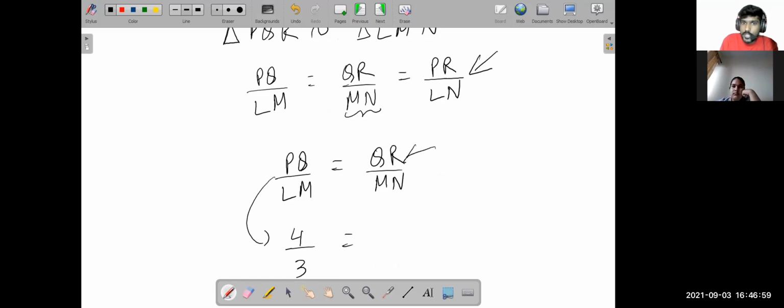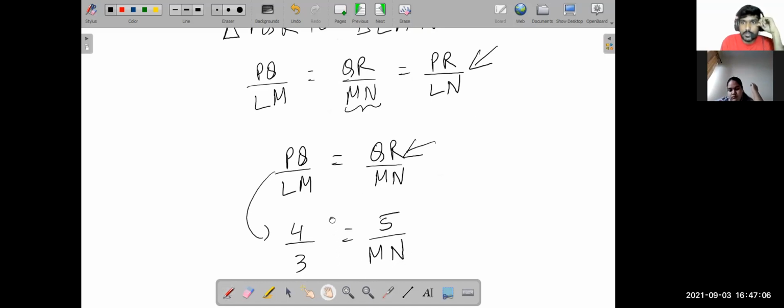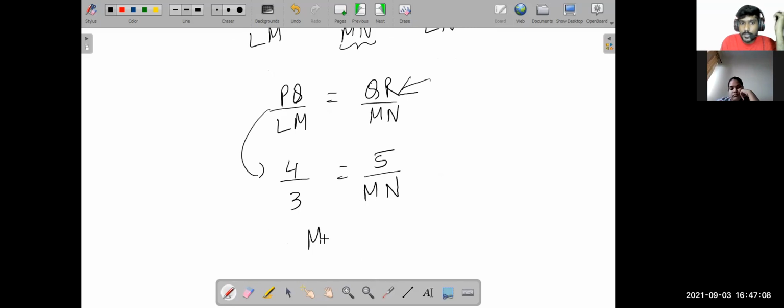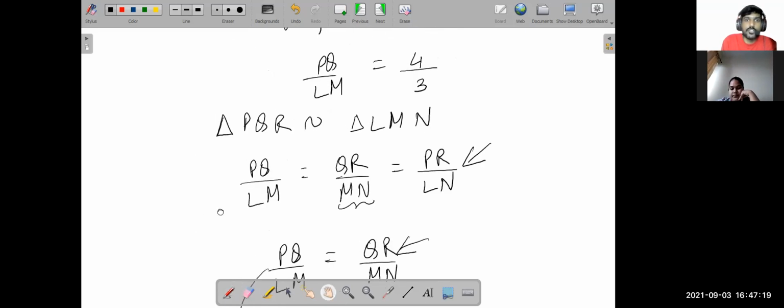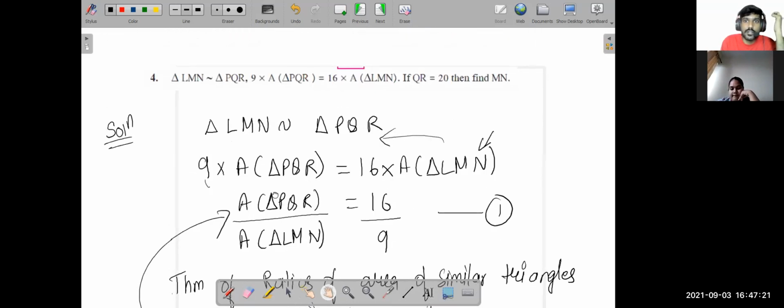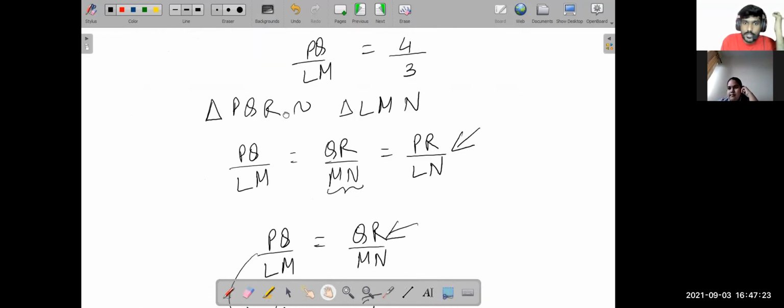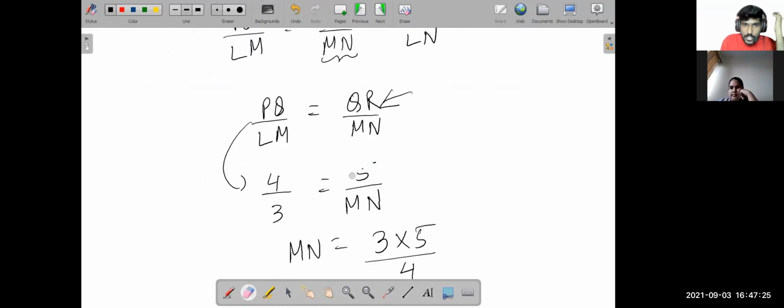Also, QR is given in the question as, sorry, QR is 20. I wrote 5 by mistake. QR is given as 20.